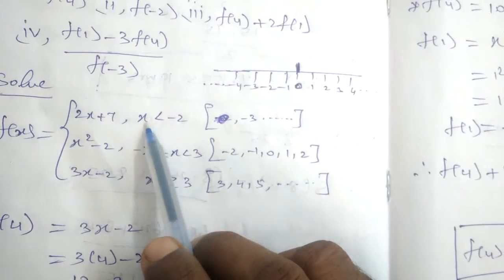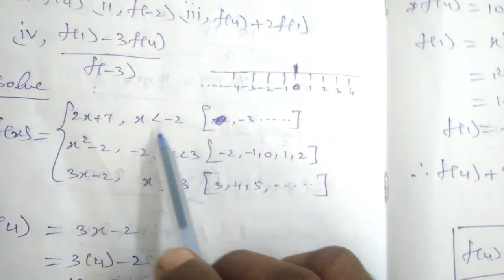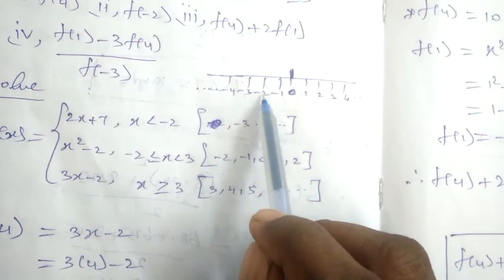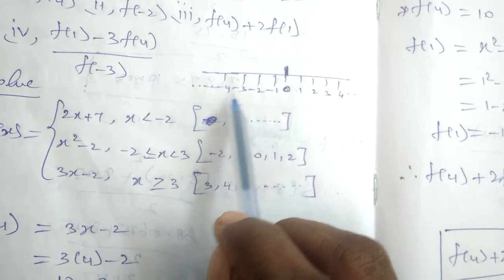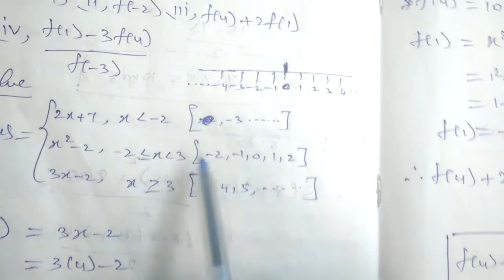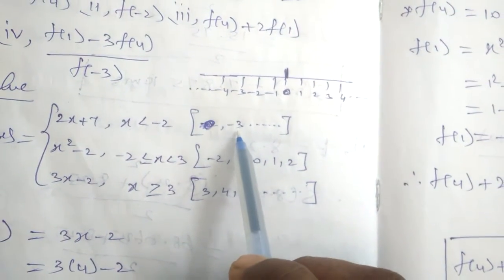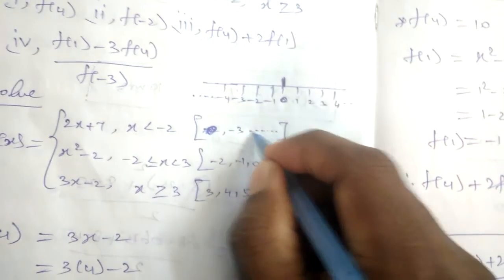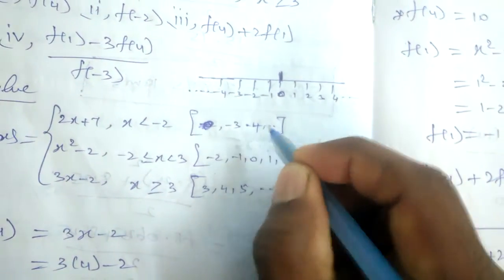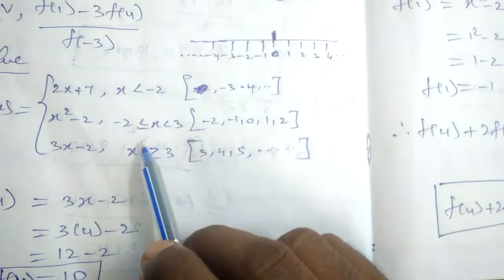All numbers less than minus 2: minus 3, minus 4, etc.